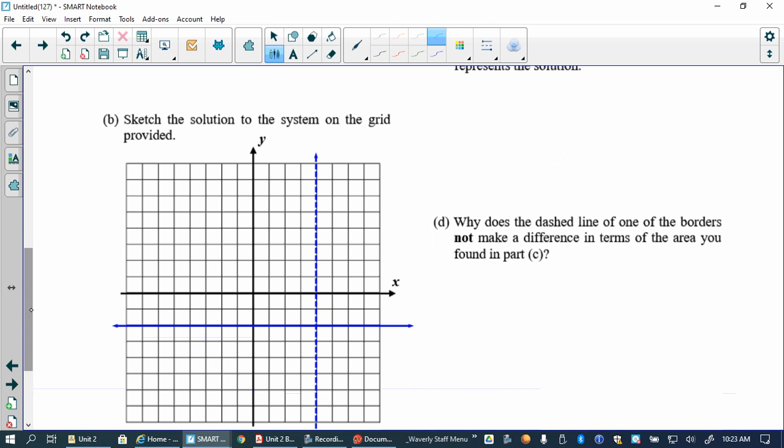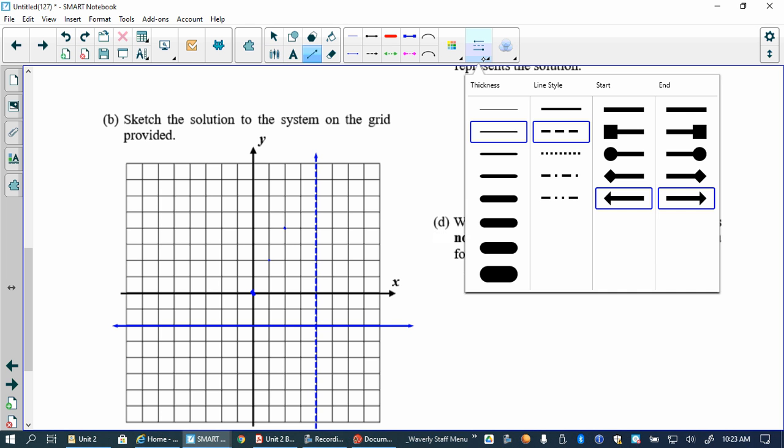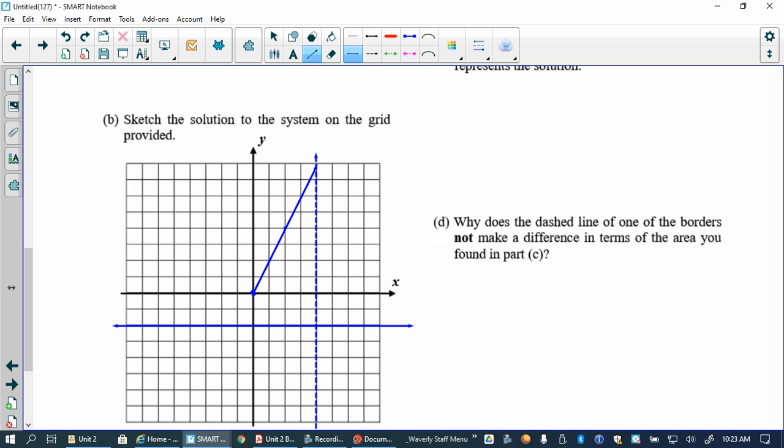And down here. Okay. Now, which way would this line be shaded? Above or below? It's Y less than, right?